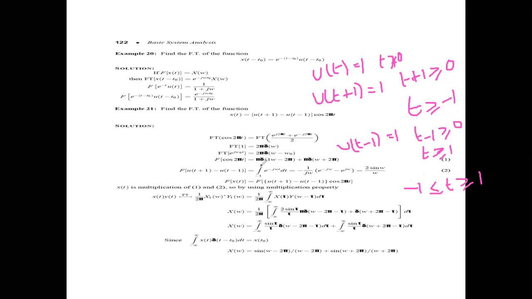It varies between minus 1 to 1 and its Fourier transformation is the integral of e power minus j omega t into dt. Okay. That is equal to e power minus j omega t by minus j omega, and you can substitute the upper limit, e power minus j omega into 1, and the lower limit you can substitute minus 1, you get the plus here.